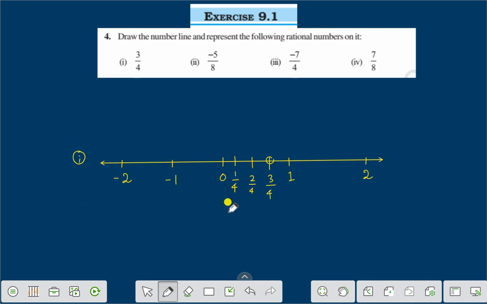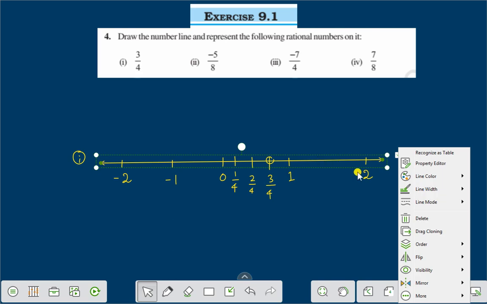This is question number 1, right? Now if you draw question number 2, minus 5 by 8, right? Let us draw another line.